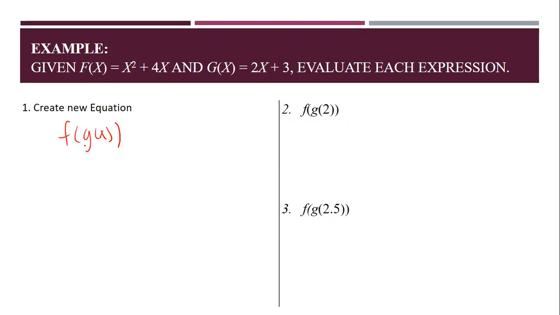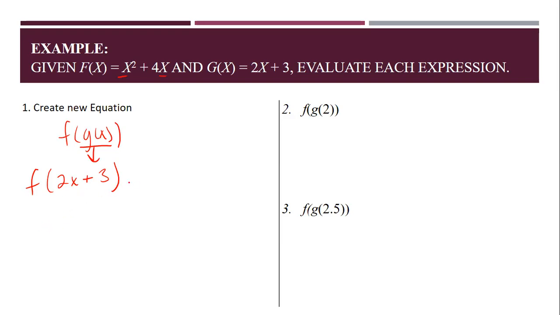What that means is whatever g of x is, and what is g of x? 2x plus 3. So I'm going to substitute that entire expression. So we're substituting the entire g of x into your f of x. So wherever there's an x, it now becomes 2x plus 3.